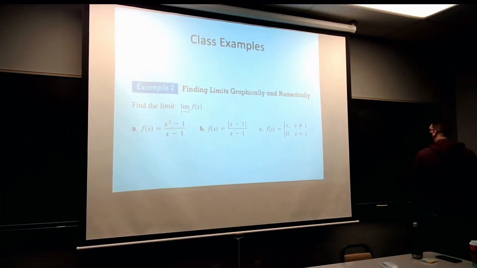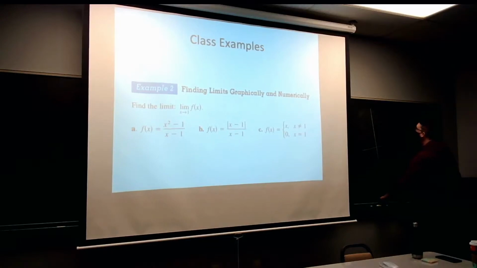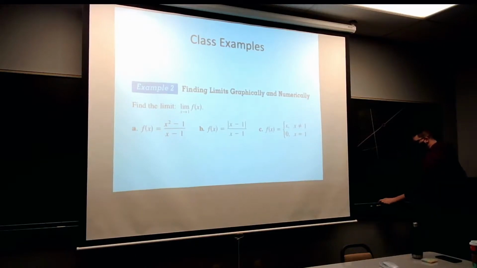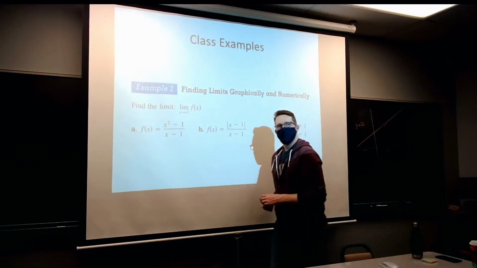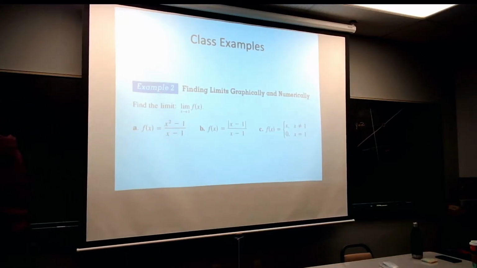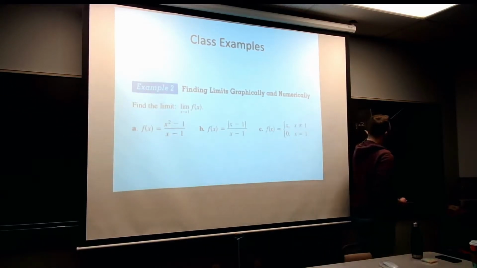Well, it might help to know that the graph for a looks about like this. Looking at this graph, what would you say the answer was? So either 1 or 2. It's going to be 2 in this case.